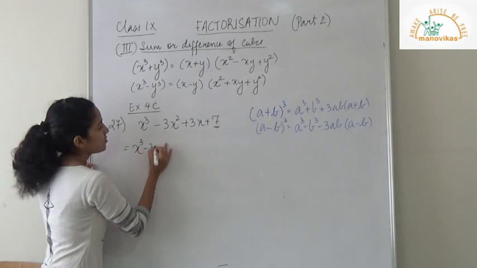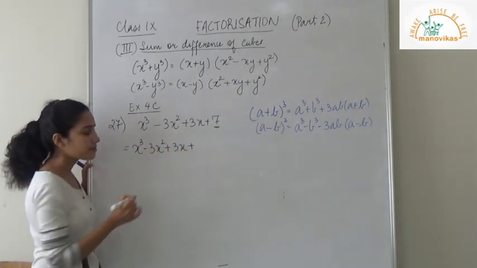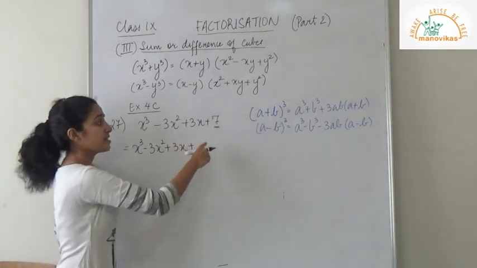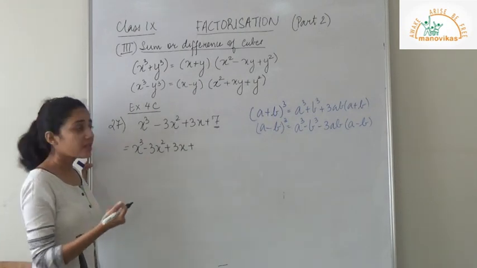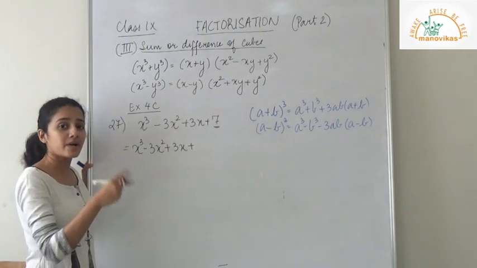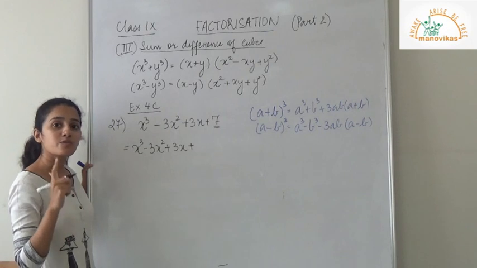x cube minus 3x square plus 3x plus. Now this, if you have to write it as a sum, I would have to write it as 6 plus 1. But note that 6 is not a cube of any number. Let's go with difference. Note that for difference it can be written as 8 minus 1, where 8 is a cube of 2 and 1 is also the cube of 1.